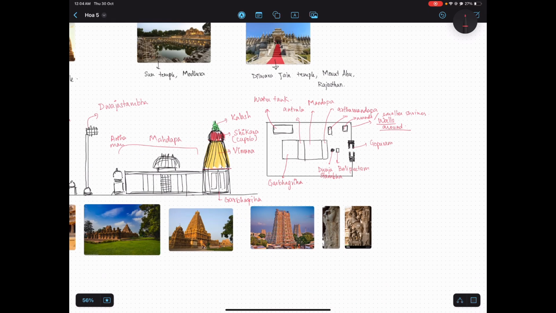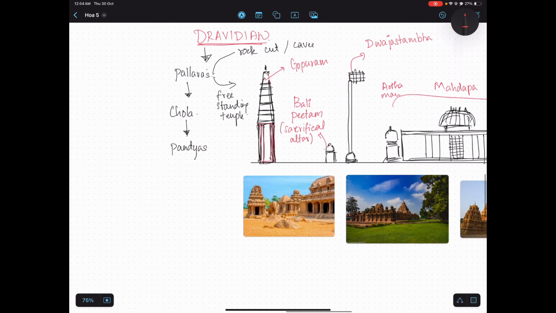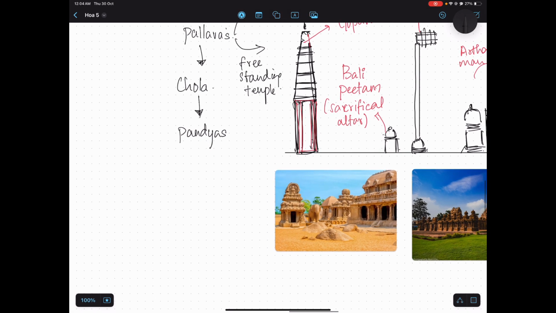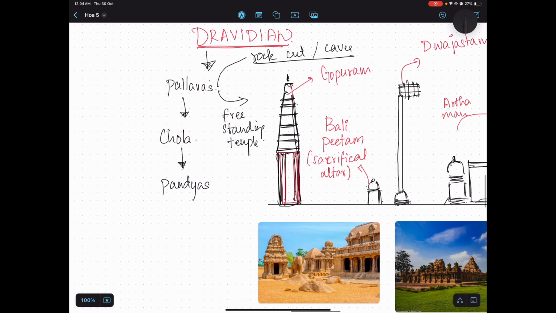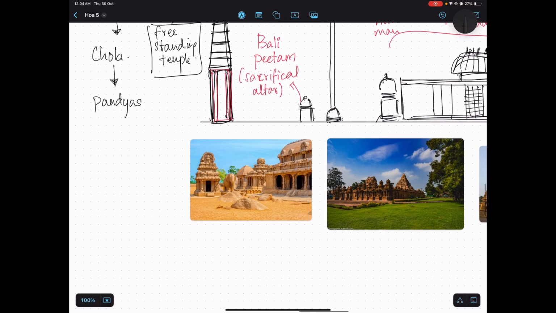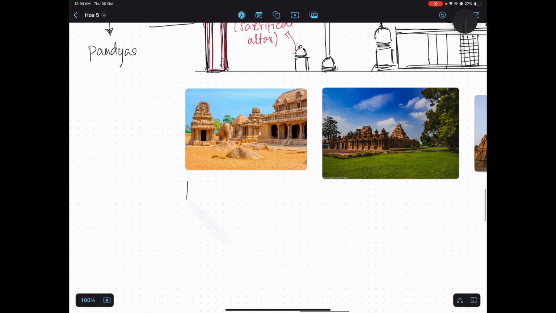So example is, let's start with Pallava. In Pallava, I told you that initially they were rock cut or caves, and then came the freestanding temples. So for rock cut or caves, a classic example from the Pallava period is the Pancha Rathas of Mahabalipuram.